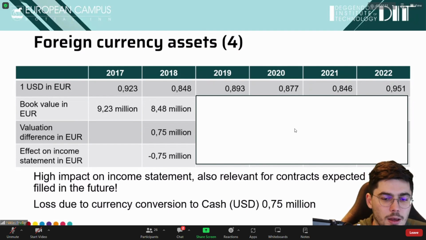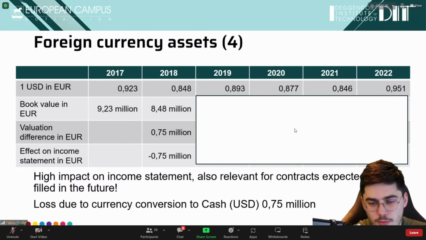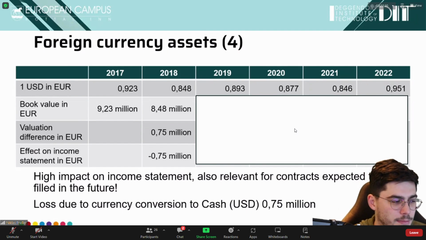And we just assume we don't do anything with our account. Like we have that account in preparation for US business of 10 million. We want to have that there. But we have to include that in our financial statements, in our balance sheet. So we have 0.75 million euros that we have as a loss then on the income statement.